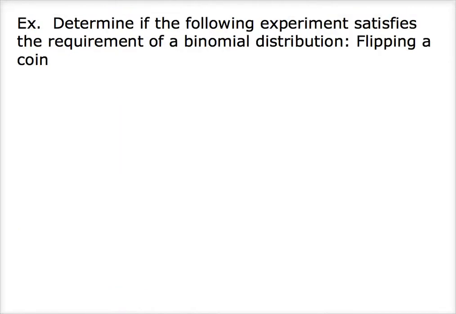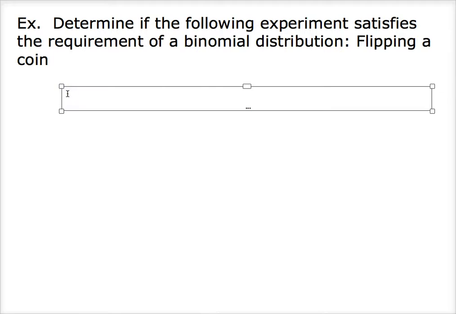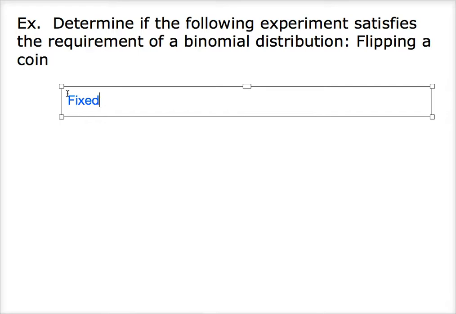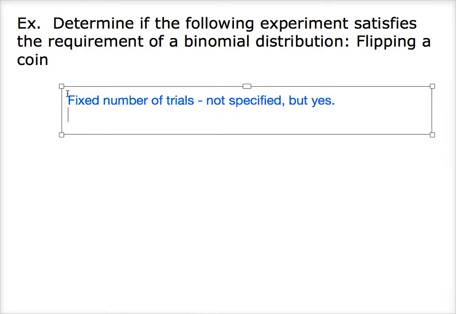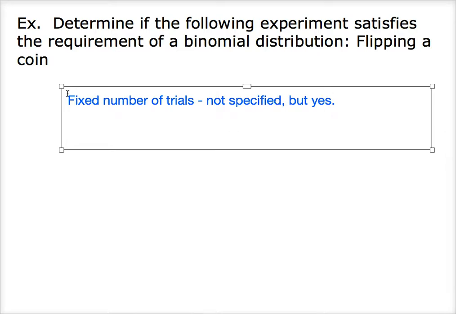Determine if the following experiment satisfies the requirement of a binomial distribution. We're considering the experiment flipping a coin. So we will look at the four requirements and see if they are verified. Fixed number of trials. Although it's not specified, it would be specified in a further example. Two possible outcomes. Yes, heads or tails.